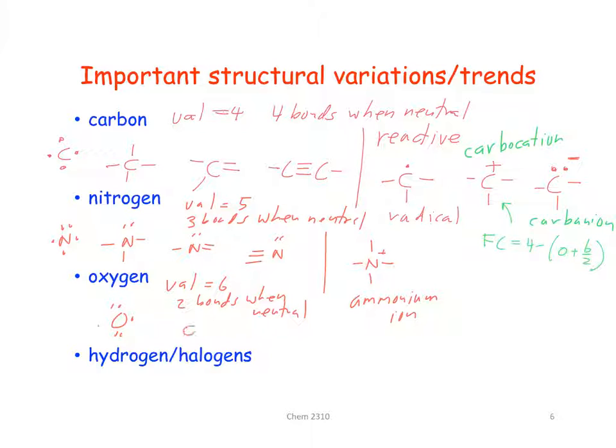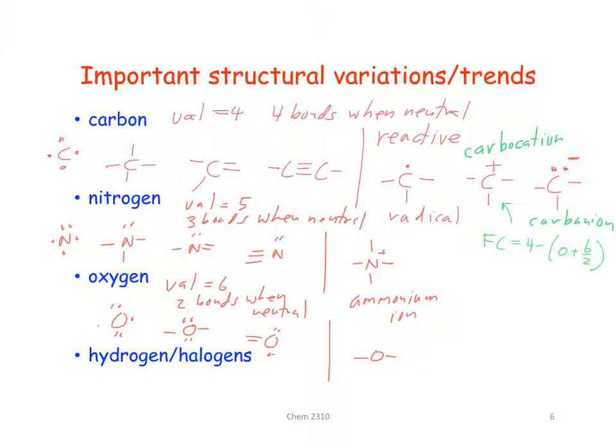So oxygen can either have its non-bonding pairs with 2 single bonds, like in water, or you can have its 2 non-bonding pairs with a double bond. We saw that in formaldehyde, and we saw it in bicarbonate. There are also some reactive forms of oxygen. We've already really seen these.